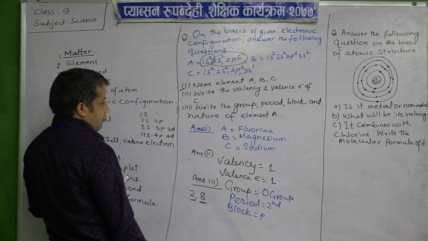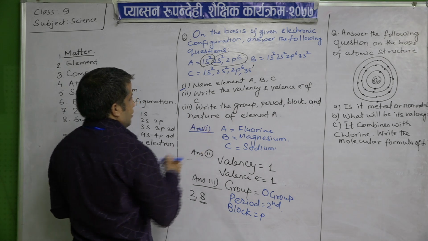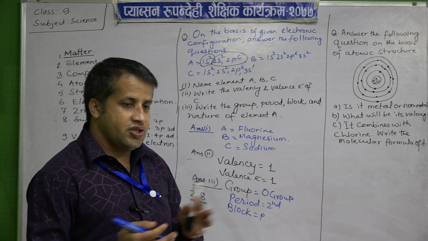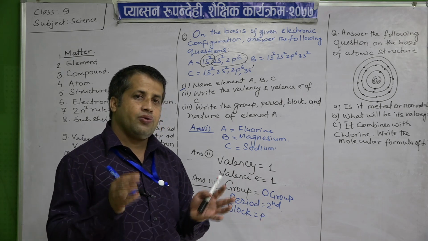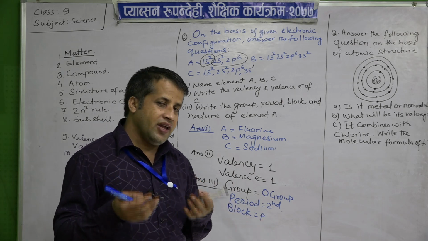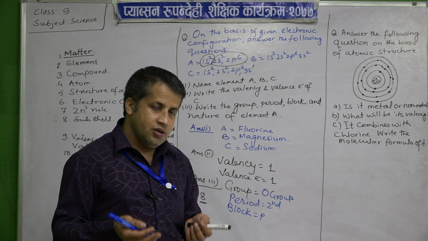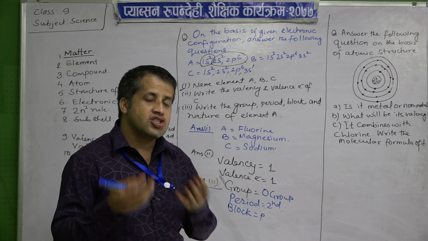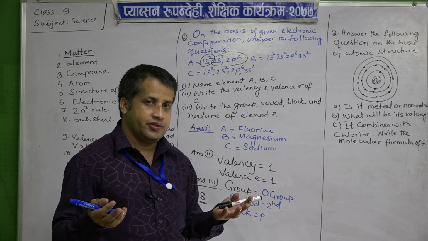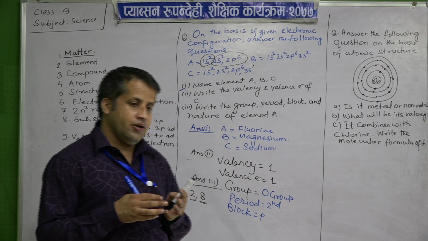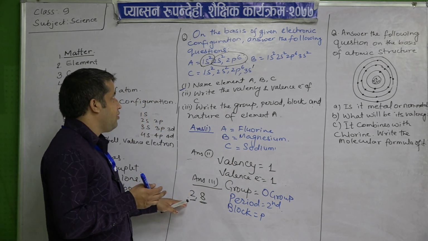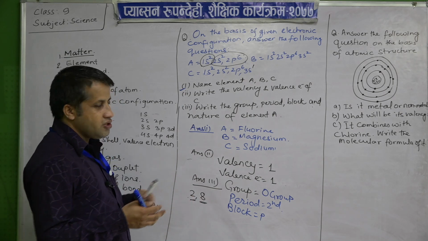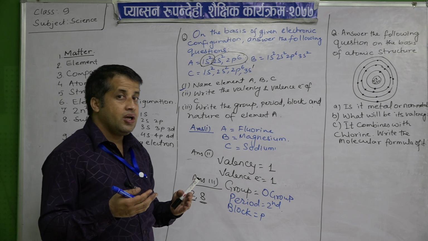Now, nature. If the nature of the particular element is asked, you have to say whether it is a very active metal, or a very active non-metal, or it does not react at all, that is inert. From the electronic configuration of this element A, it is 10, and it comes out to be a group 0 element. So it is an inert element.